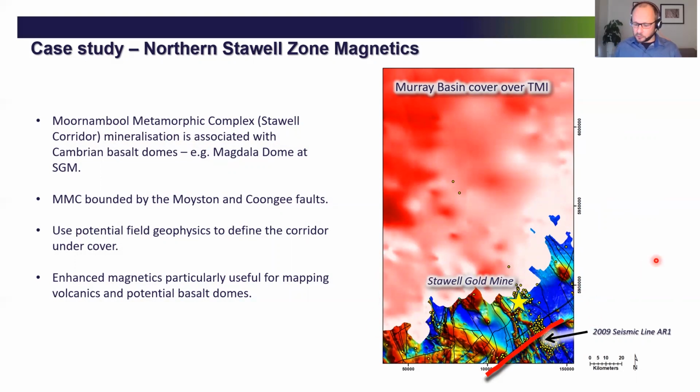You can see where the Stawell gold mine is in association to the line there. So the model for this region is the Stawell corridor, which is the Murrumbul metamorphic complex, and mineralization here is associated with Cambrian basalt domes that we can identify in the magnetics in the south and utilize the magnetics under cover as well.